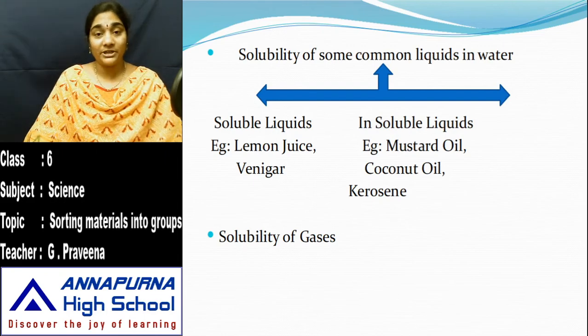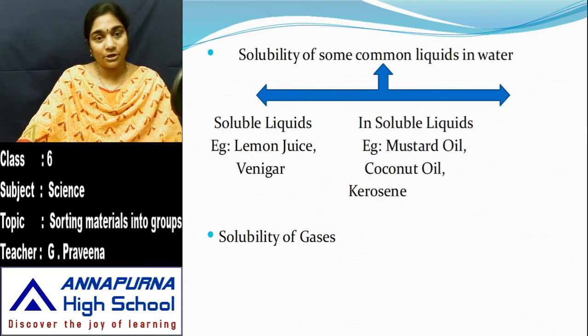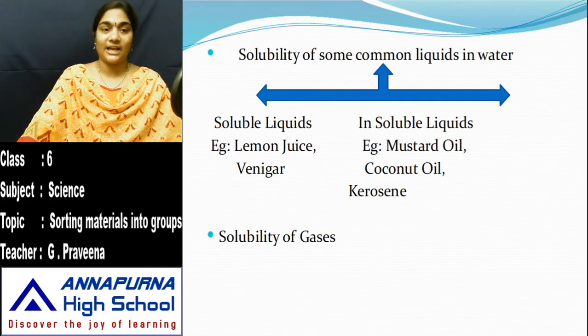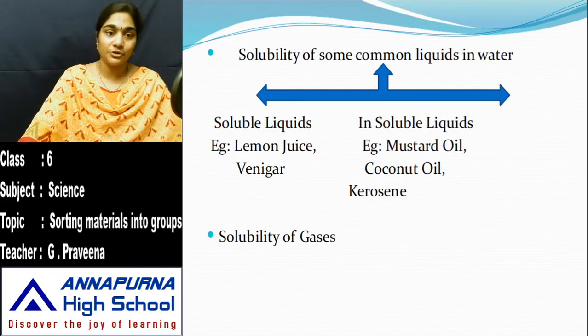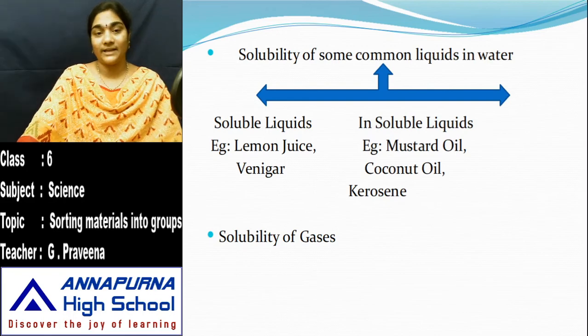And that property, you can see even in gases. Yes children, do all the gases have the capability of dissolving in water? We are terrestrial animals. We can inhale the gas oxygen as it is present in the atmosphere. But think about the organisms which live in water. We call them aquatic organisms.